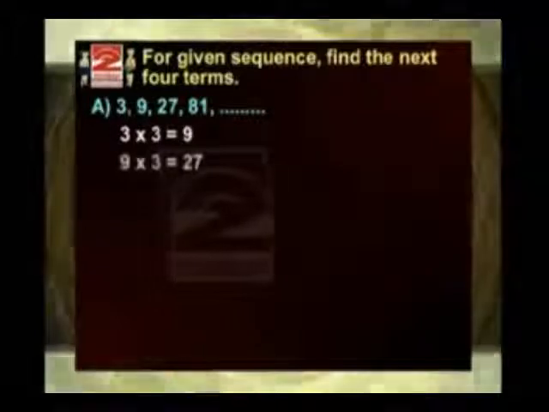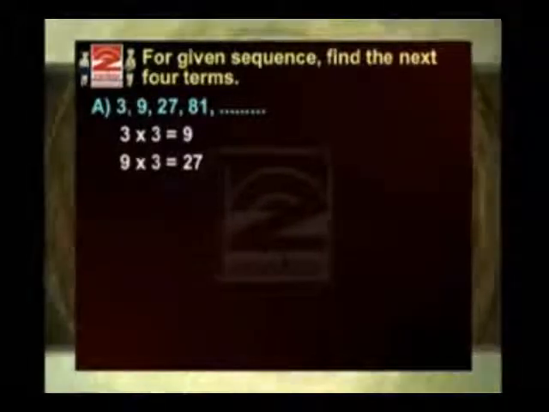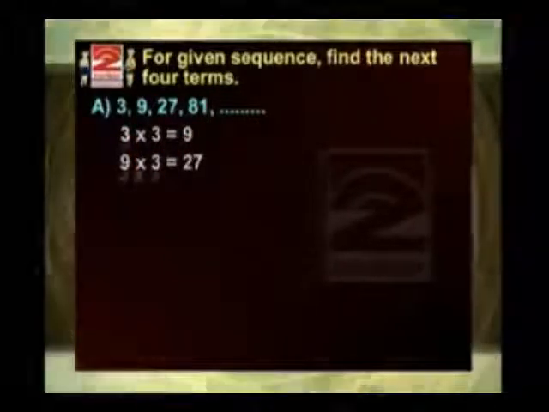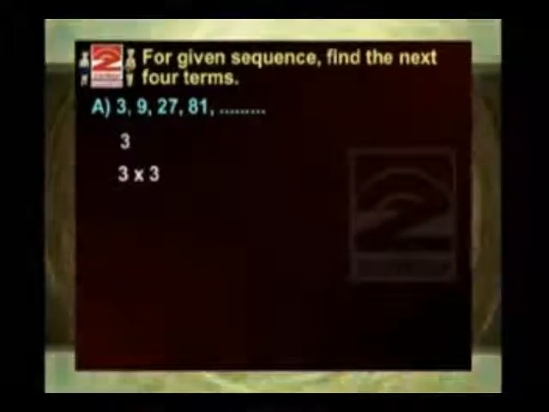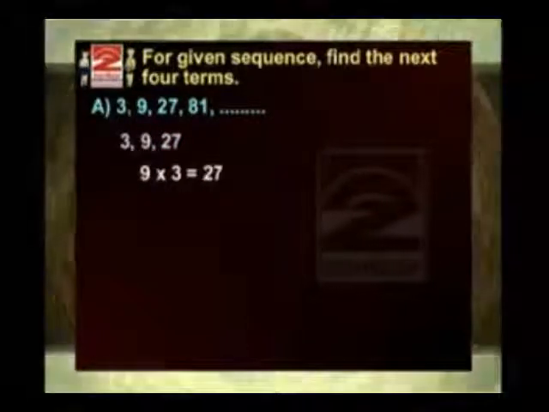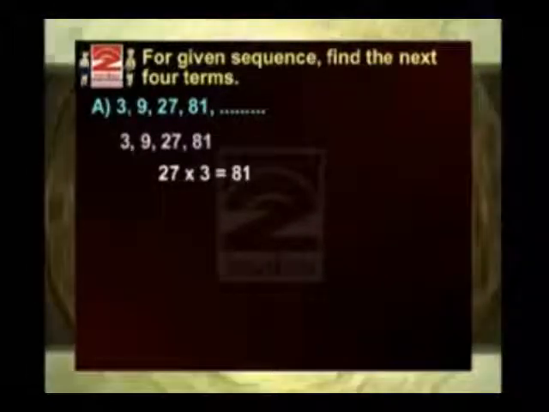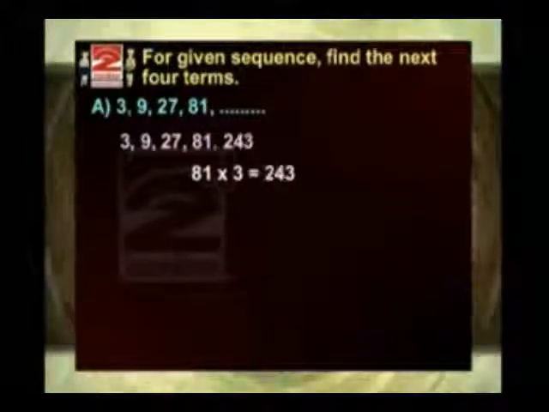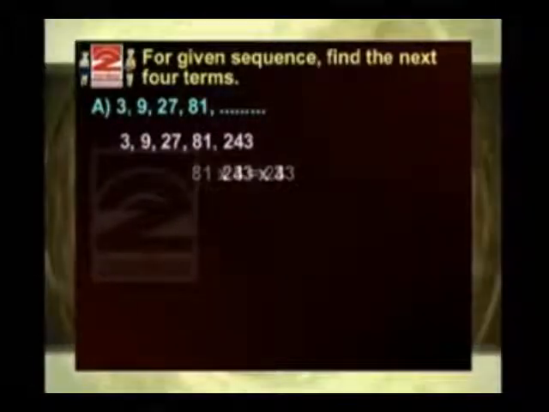If you multiply 9 by 3, you get the next term. So this is the pattern. So now 3 into 3 is equal to 9. 9 into 3 is equal to 27. 27 into 3 is equal to 81. So 81 into 3 is 243.